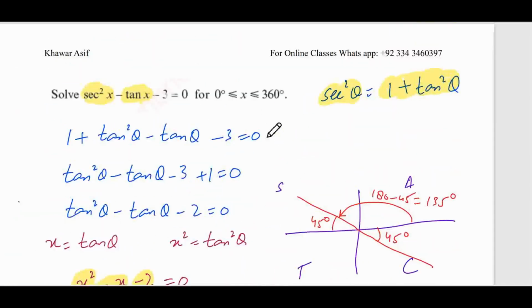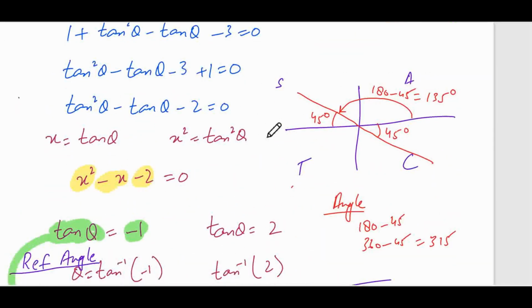We have to see the range also. So we have two answers from here: 135 and 315. These two will be the final answers from the first case.